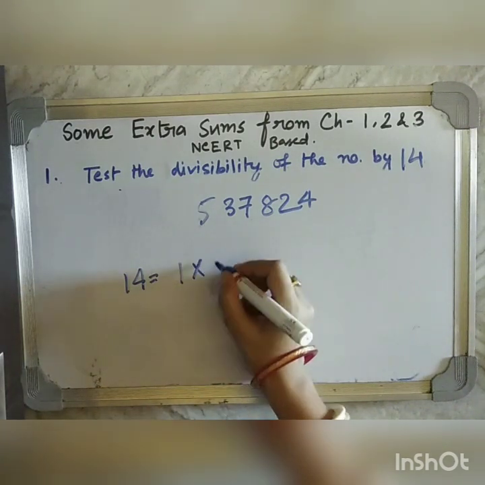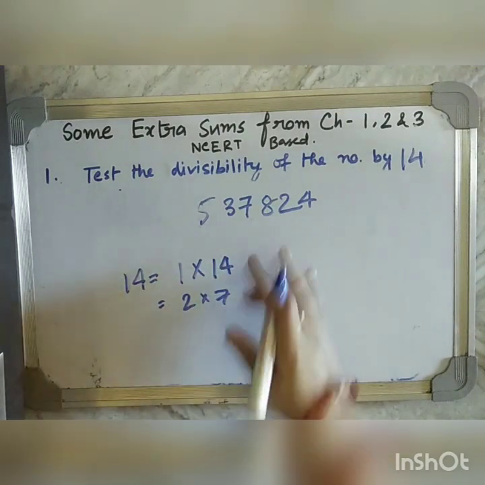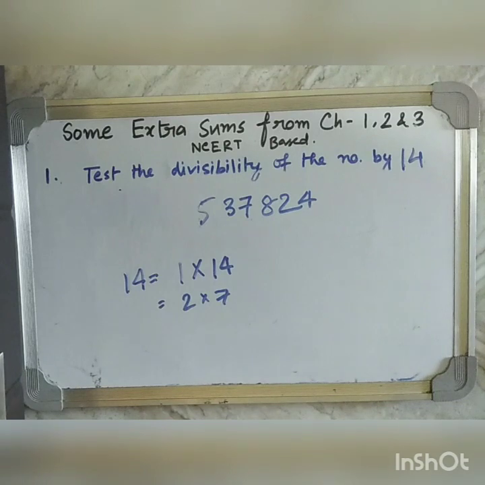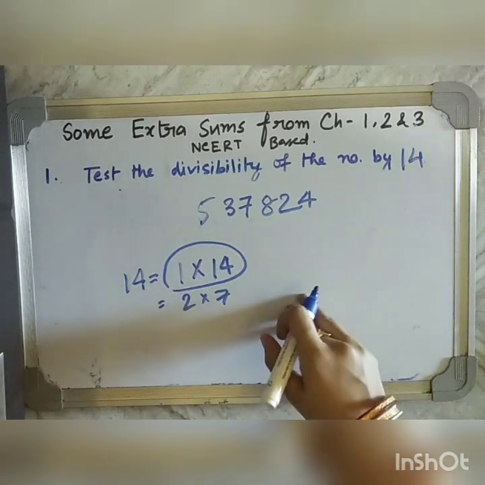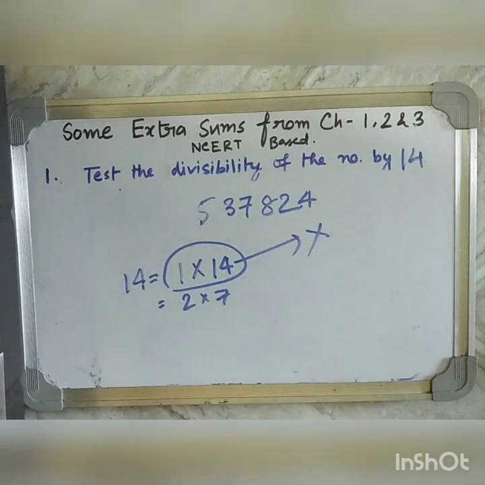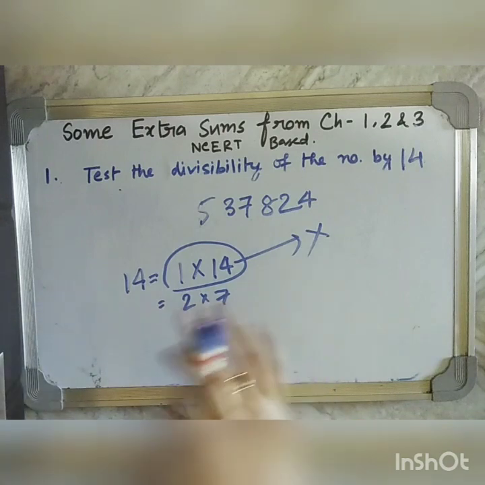So we can write it 1 into 14, 2 into 7. Other than these two, we are not getting any more two numbers by multiplying which we get 14 as our result. Okay, now as I said, 1 into 14, 1 into 12, 1 into 6, all of these will be removed.